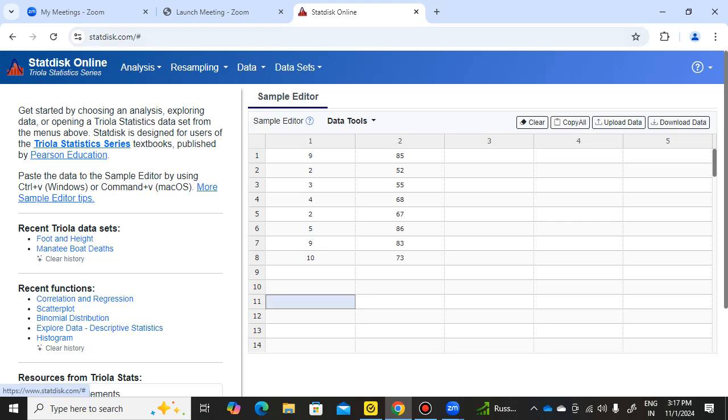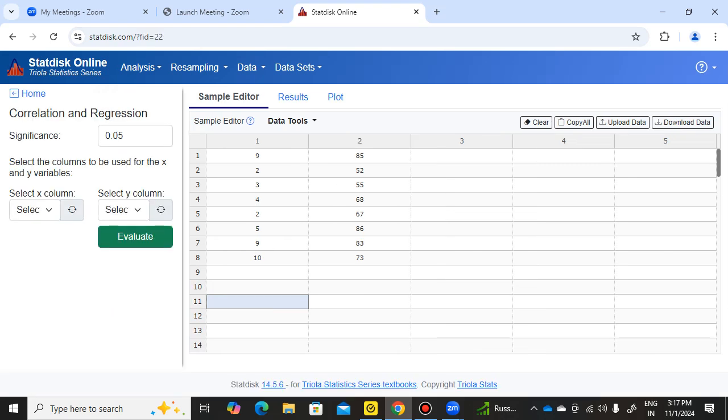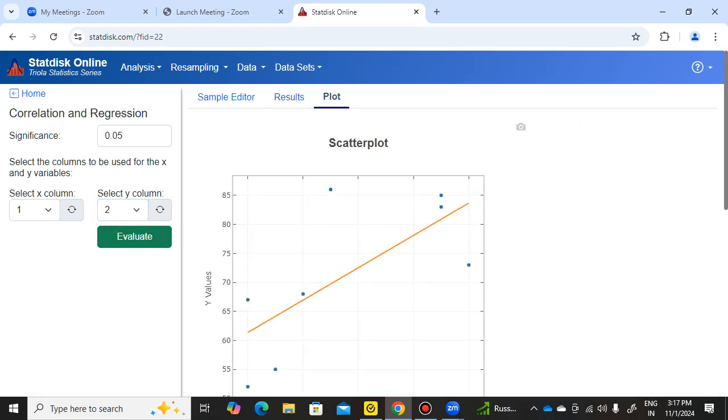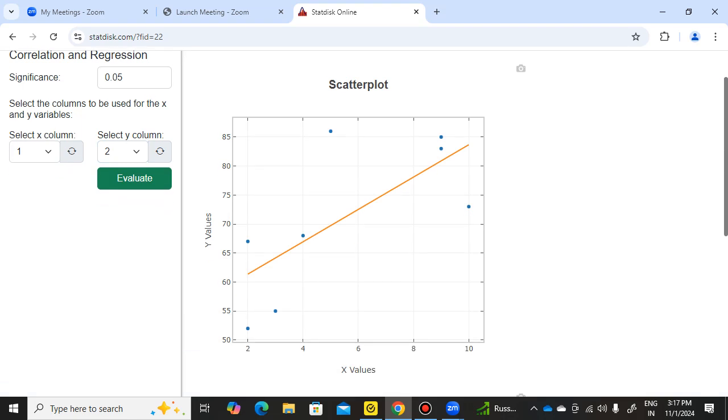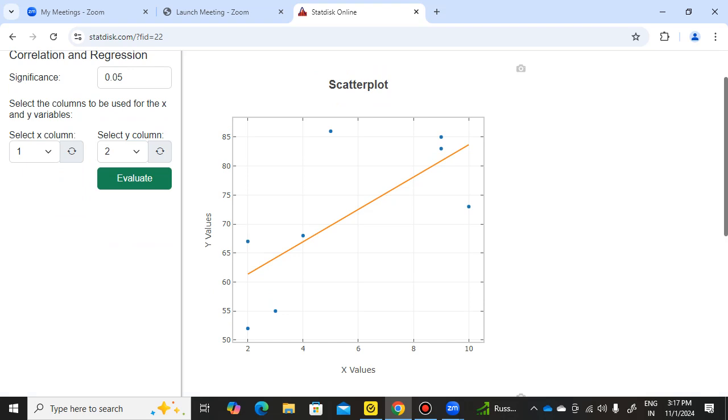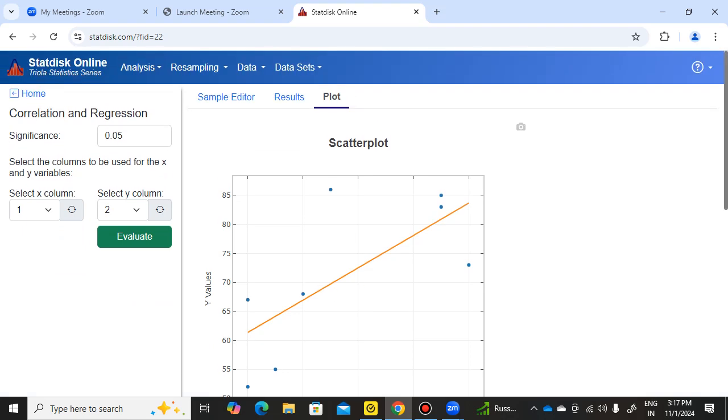Let's graph this real quick first. Cost is going to go with products, and we're going to plot. It looks like we have an upwards trend. Again, we only have 8 data values, so hopefully this is a correlation.